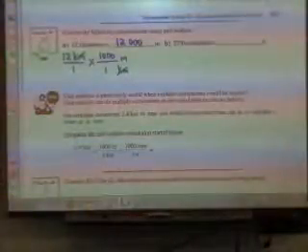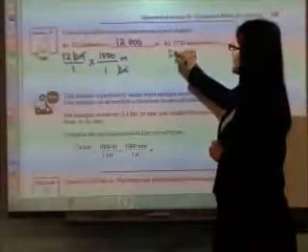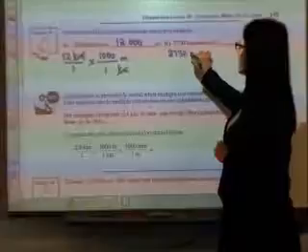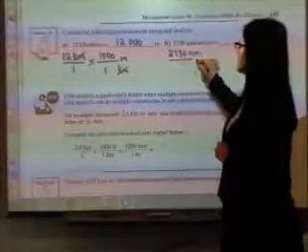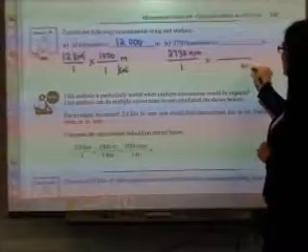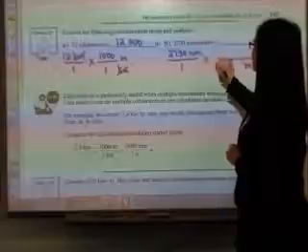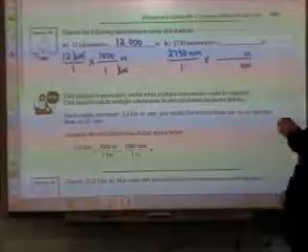So if I did the same thing with B, 2,730 nanometers is to 1. And I have nanometers on the bottom and meters on the top.